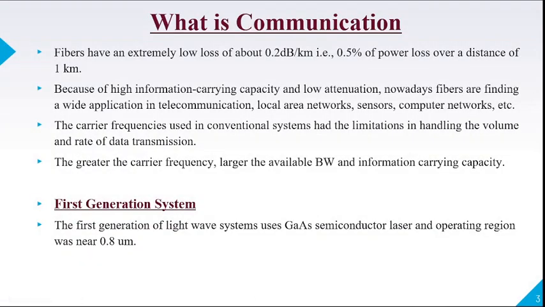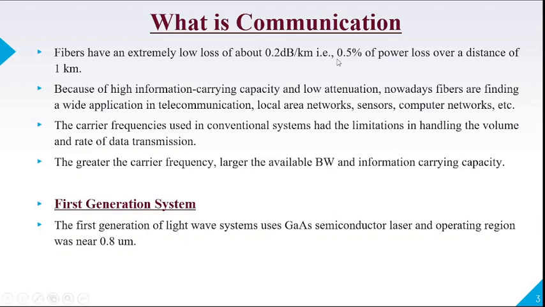Now, fibers have an extremely low loss of about 0.2 dB per kilometer. It means after the transmission of 1 kilometer, the loss will be 0.2 dB or 0.5% of power loss over a distance of 1 kilometer.